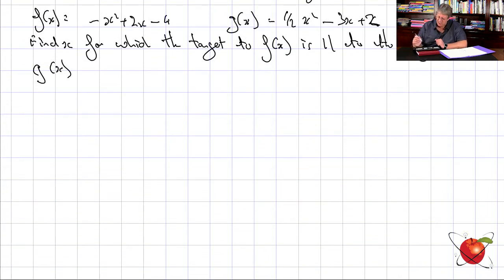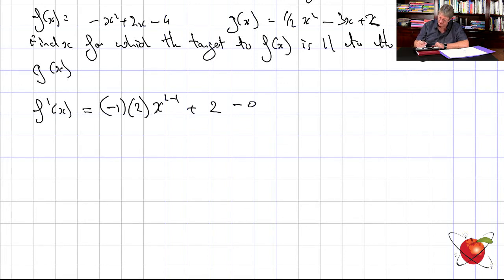How do we do it? They're talking about tangents, therefore it must be derivatives. So I say, what's the derivative of this one? The derivative of this one is going to be equal to minus 1 times 2 times x to the 2 minus 1 plus 2 minus 0.